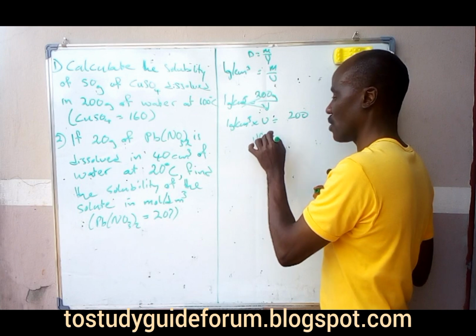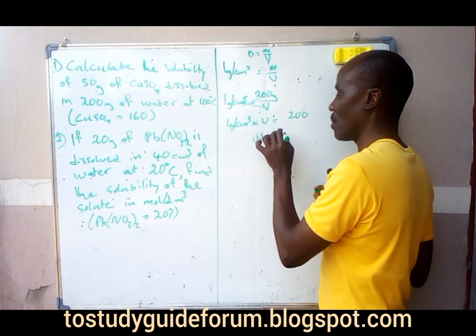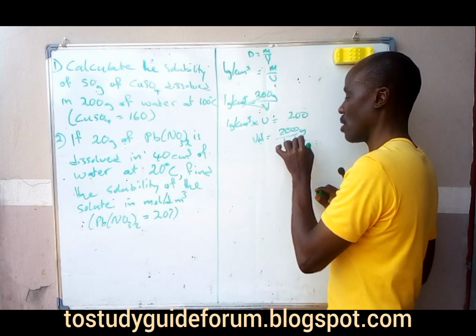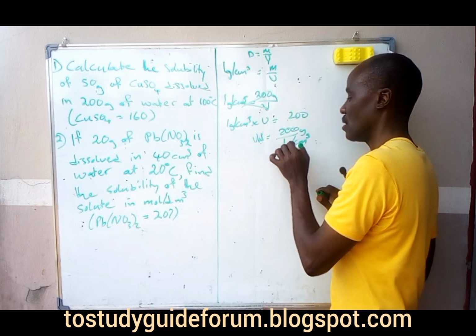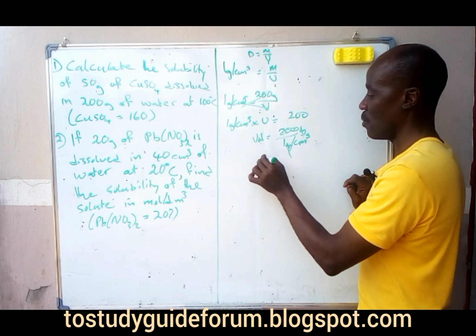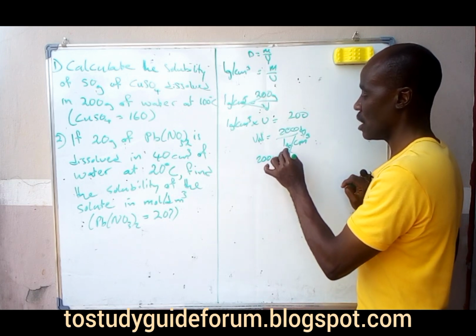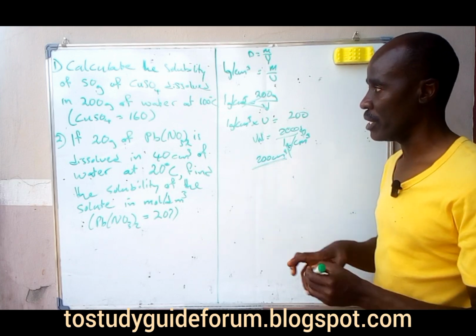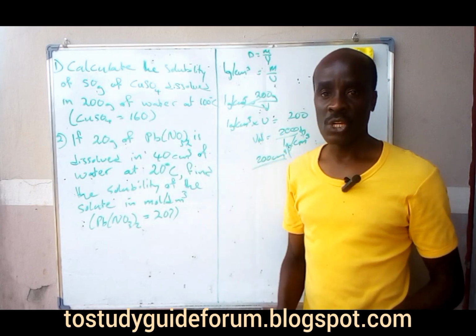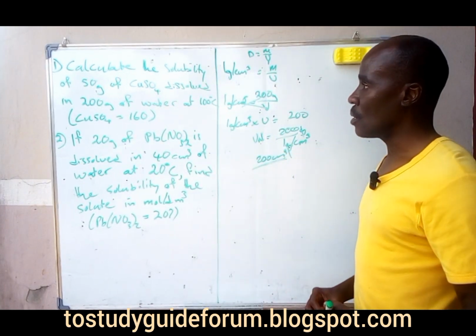Making volume the subject of the formula, we have 200 grams over 1 gram per cm cube. The gram cancels out, and we have 200 cm cube. That is the volume that was saturated by 50 grams of copper sulfate.